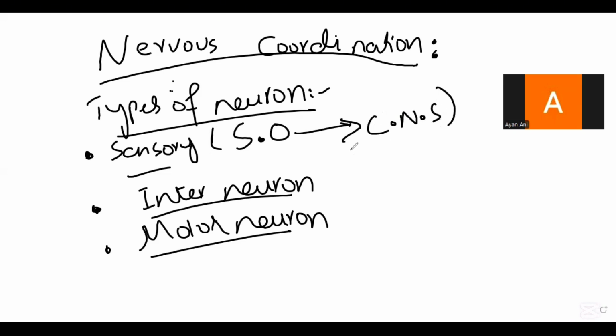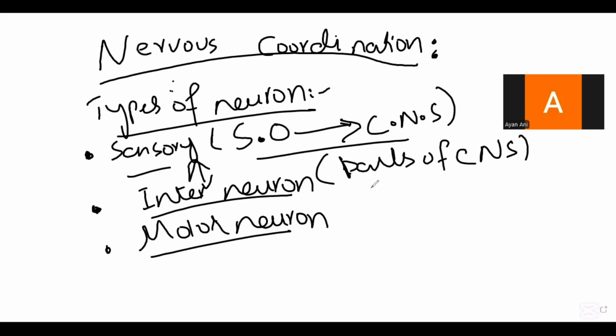In simpler terms, it transmits nerve impulses from different receptors, skin receptors, eye receptors, ear receptors, basically the receptors of sensory organs, to the central nervous system for processing. And interneurons get the nerve impulse from the sensory neurons, and then transmit the nerve impulse among different parts of the central nervous system.